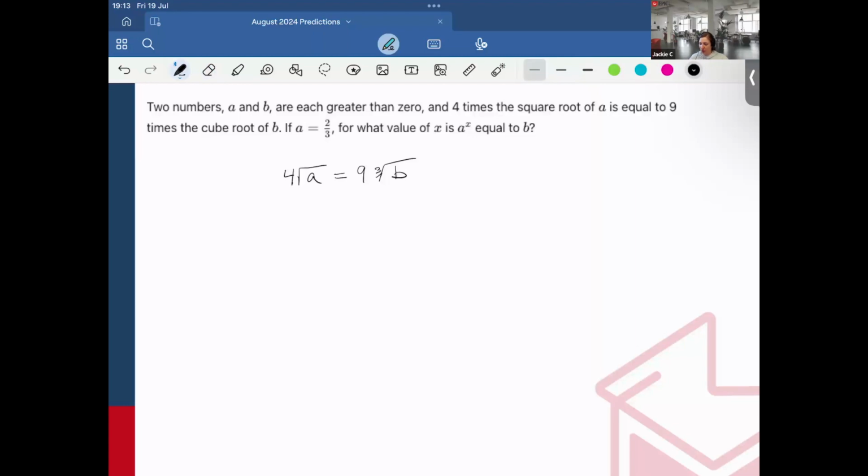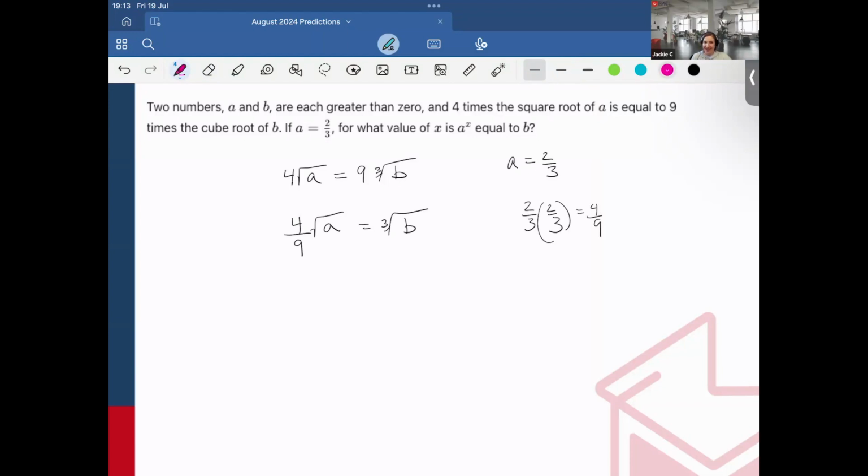Okay, so let's see. First, I could divide each side by 9. So 4/9 square root of A is equal to the cubed root of B. Also note A is equal to 2/3, and 2/3 times 2/3 is equal to 4/9.